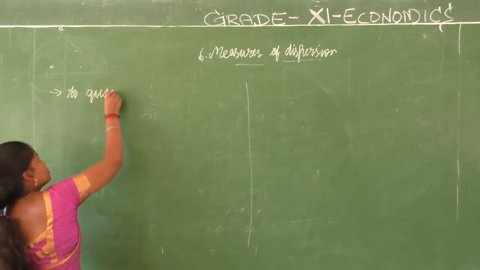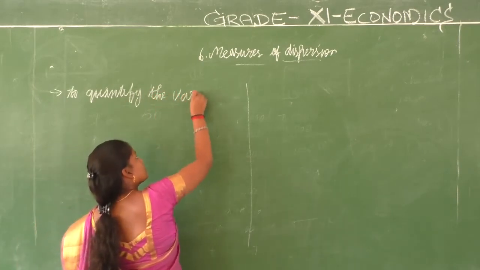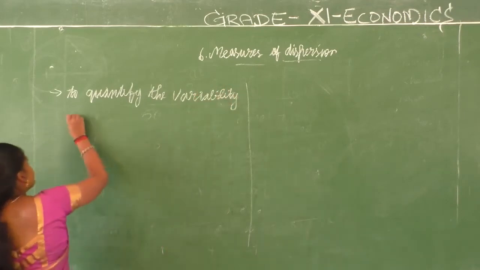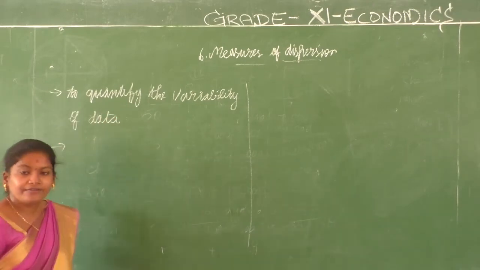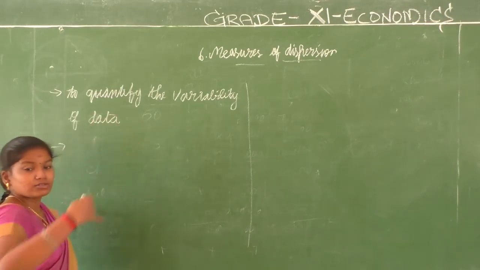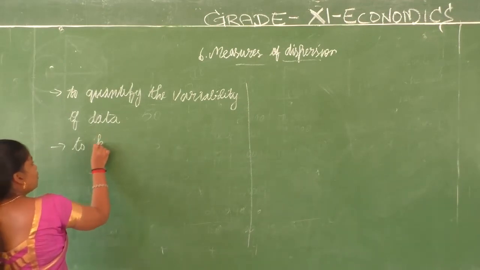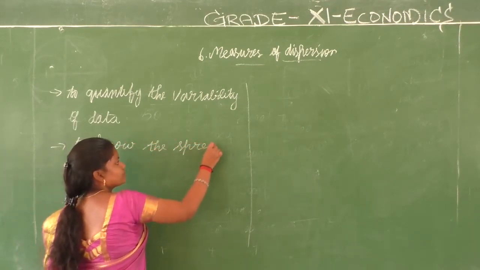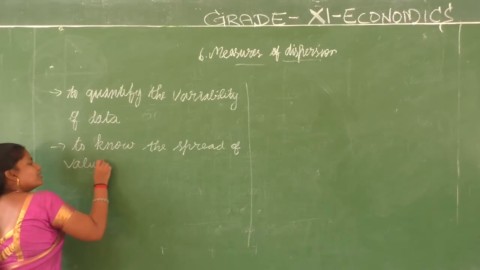So why do we have it? To quantify the variability of data, and then to know the spread of values in the data. How it is spread? From 7,000 to 20,000 there is a difference. That also we should know. To know the spread of values, what are we going to use?